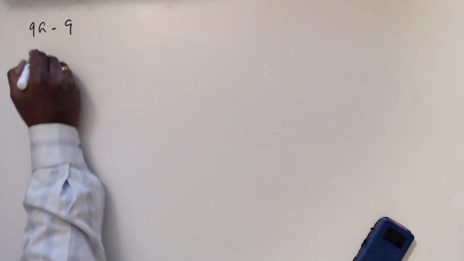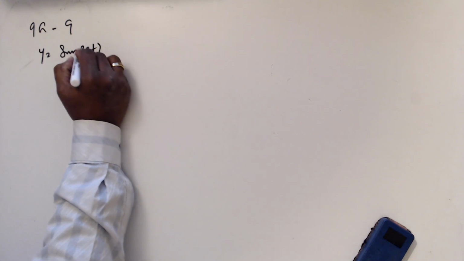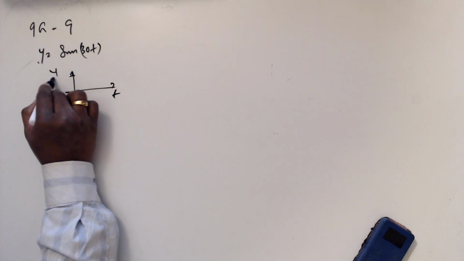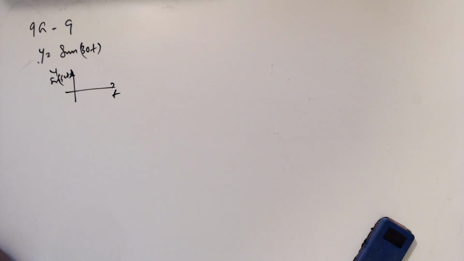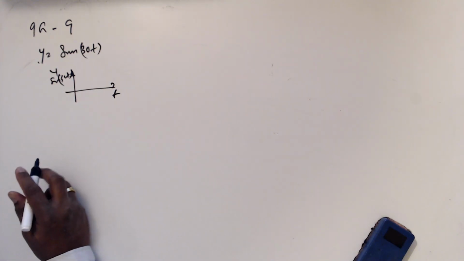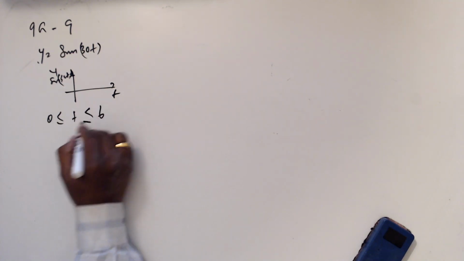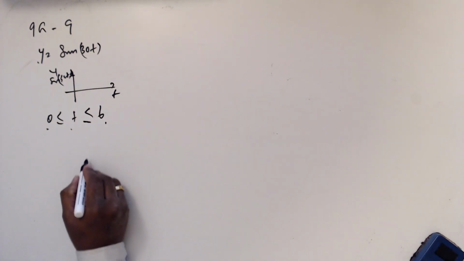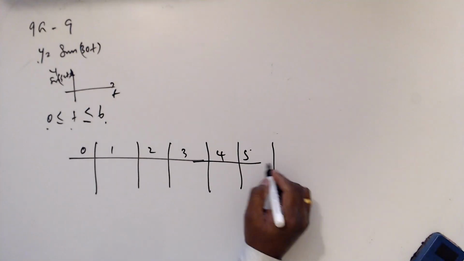Question number 9. The rock pool can be modeled by sin(30t). It means the x-axis is t, the y-axis is y, which is sin 30t. Now sketch the given interval. What is the given interval? 0 less than or equal to t less than or equal to 6, including 0 and 6. So: 0, 1, 2, 3, 4, 5, 6.